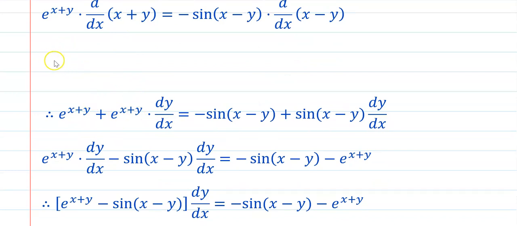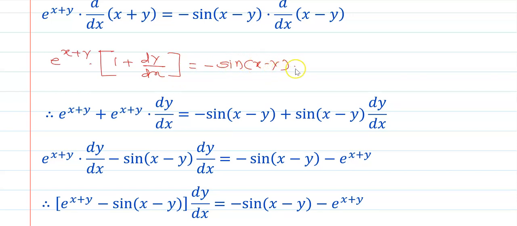Okay. I will write here one more step. This is e raised to x plus y into the derivative of x is 1 and the derivative of y is dy by dx. That is equal to minus sin of x minus y into the derivative of x is 1 minus the derivative of y is dy by dx.